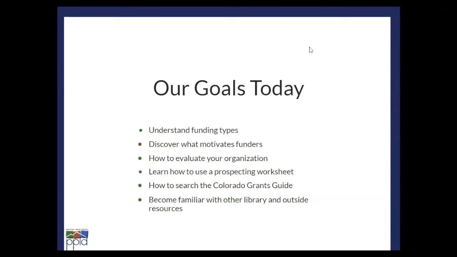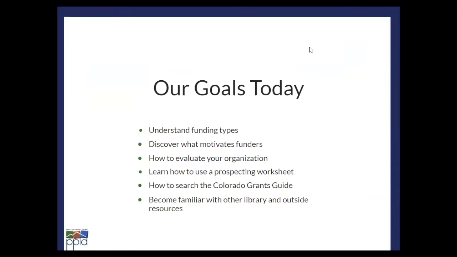So we're going to dive into some background information about grants, and then we're going to practice searching with the Colorado Grants Guide. We're going to talk about what motivates funders, how to evaluate your own organization when it comes to your needs.